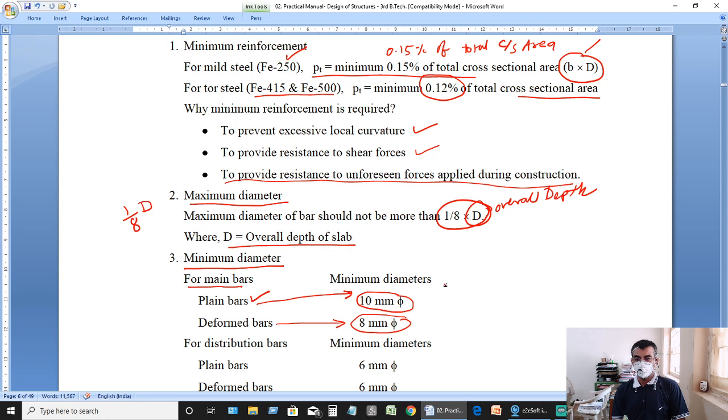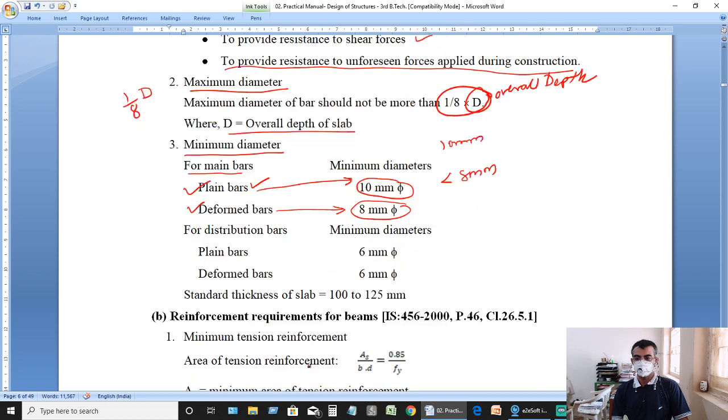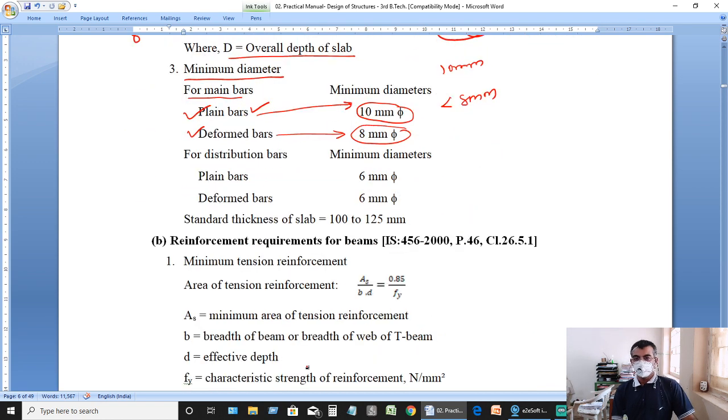It means that you cannot use a reinforcement bar having a diameter less than 8 mm for deformed bar, and 10 mm for plain bar. Now for the distribution bar, the minimum diameter was 6, but now it is revised to 8 mm. You cannot use reinforcement less than 8 mm.